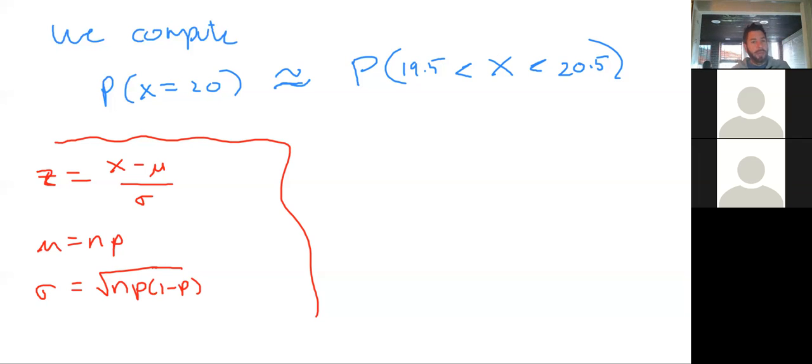So for example, if N is 400 and P is 0.05, then NP is 20. And then if we want to compute the standard deviation, we have to take the square root of this. Taking the square root of this, you get roughly 4.35.